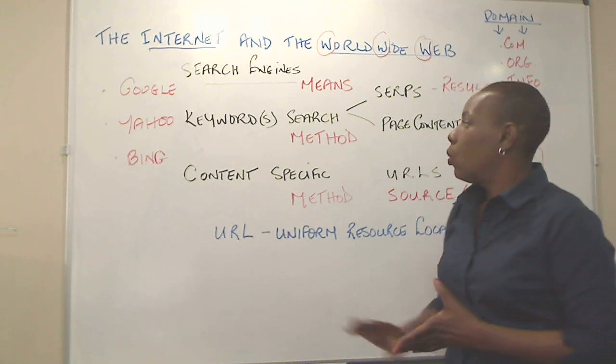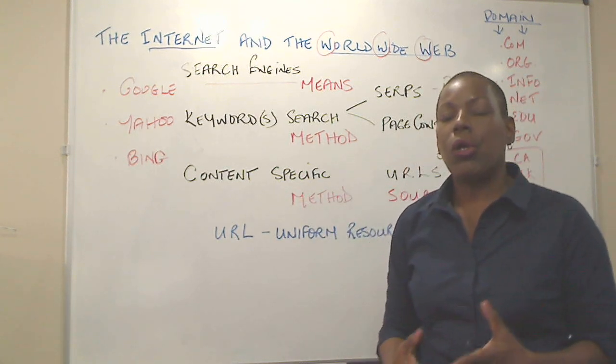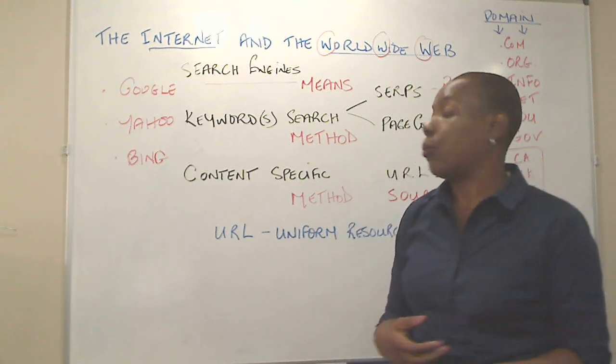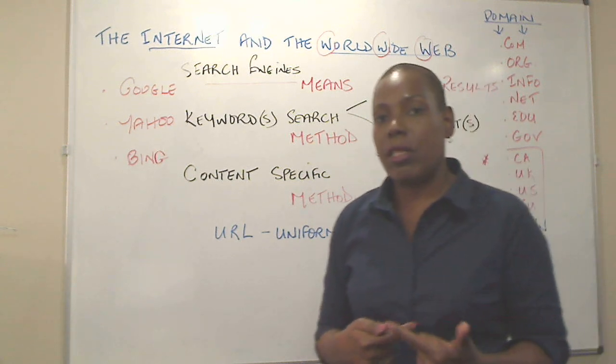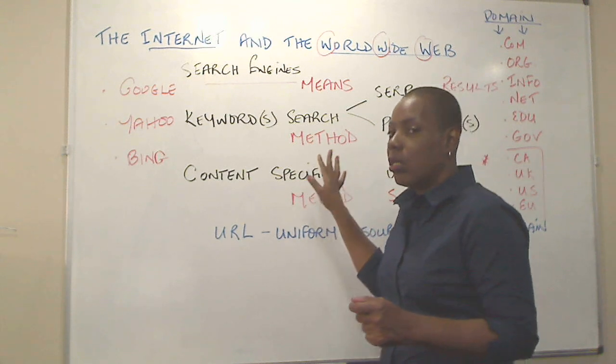Keyword search would be the method by which you seek the information or have the search engine gather that information for you. So go back to your information literacy class when you would have had to use parameters for searches.